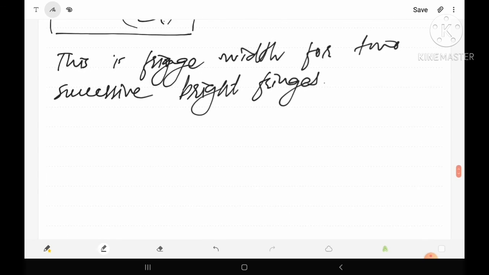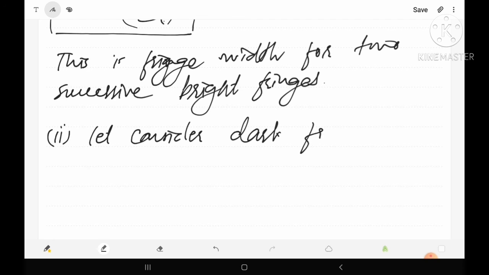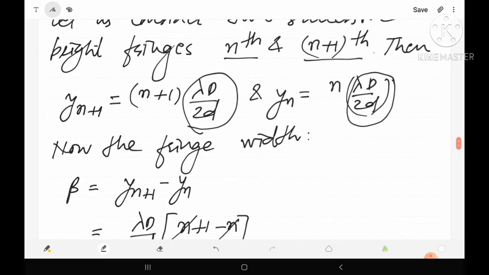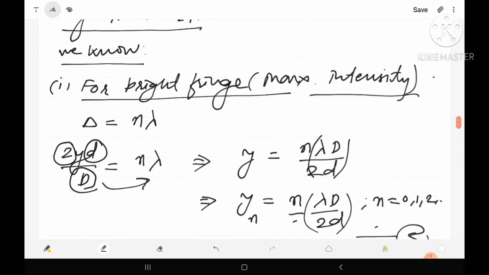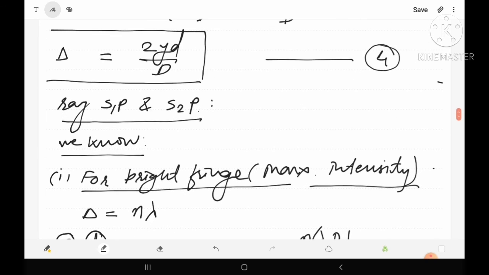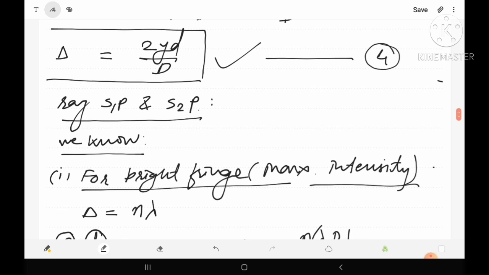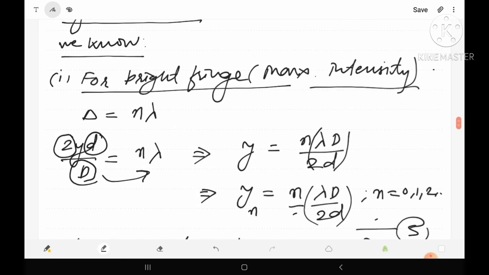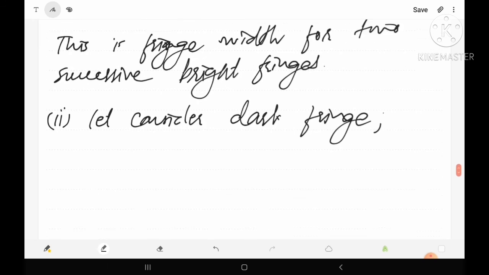Now similarly, in the second case, let us consider dark fringes. For dark fringes, we know the path difference delta should be equal to 2n plus 1 lambda by 2, meaning an odd multiple of lambda by 2.